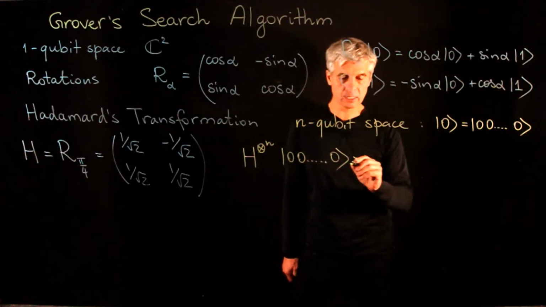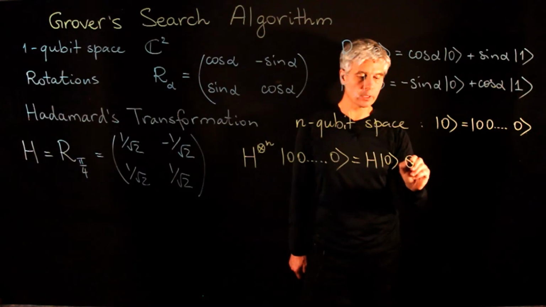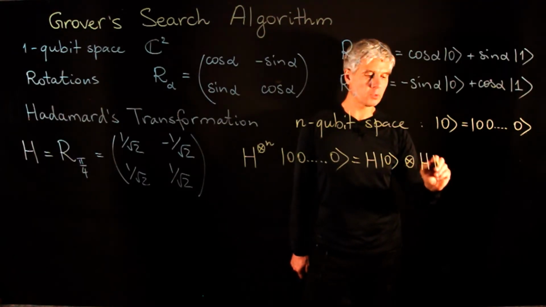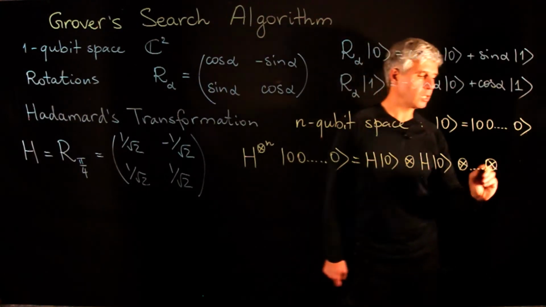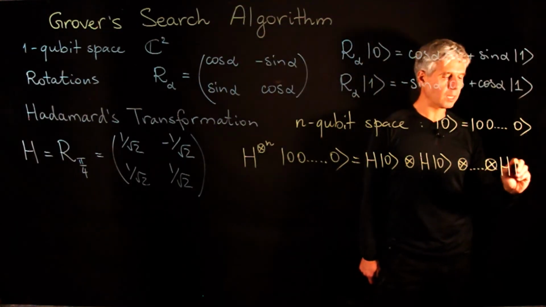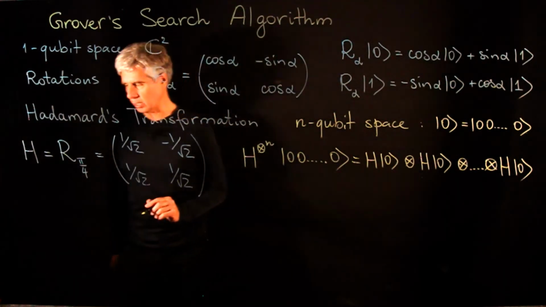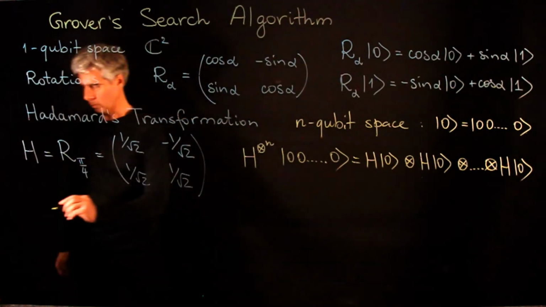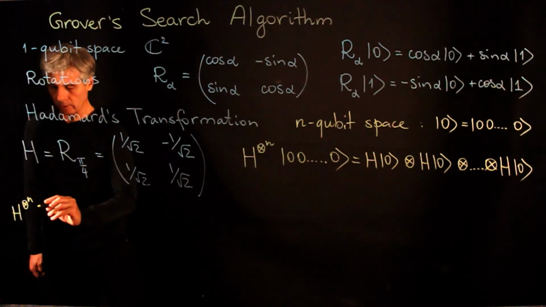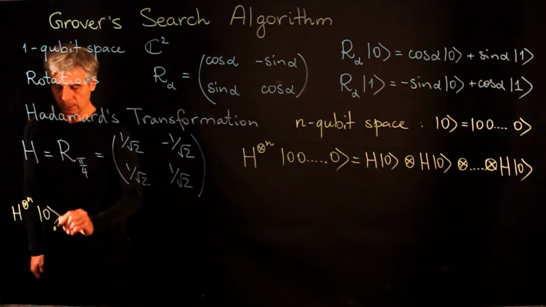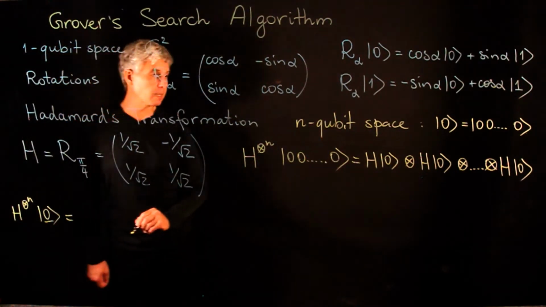So this is H applied to 0, tensor product with H applied to 0, tensor product, and so on. In each component we do the Hadamard transform. So what's the result of this calculation? We get H tensor nth power applied to this 0.